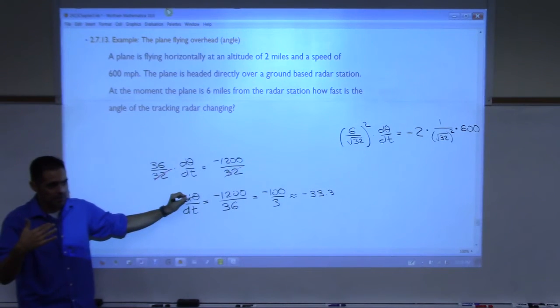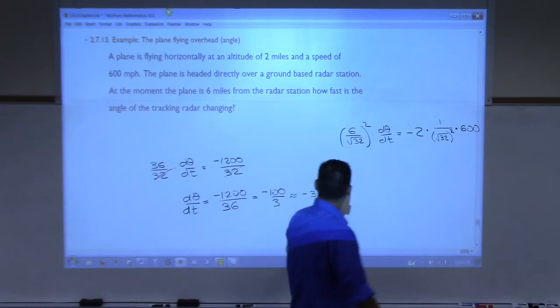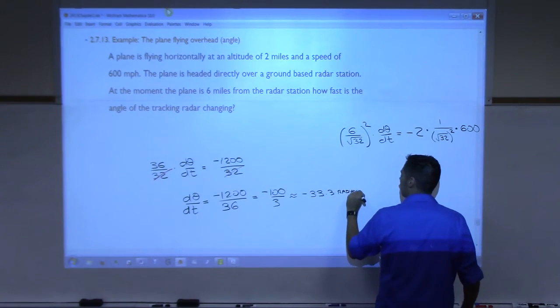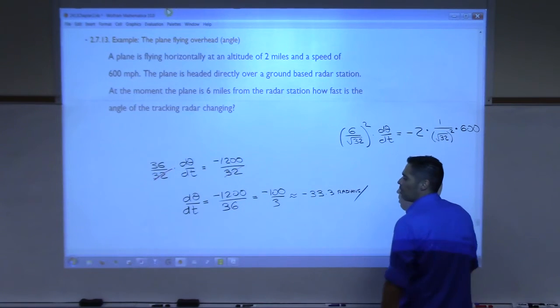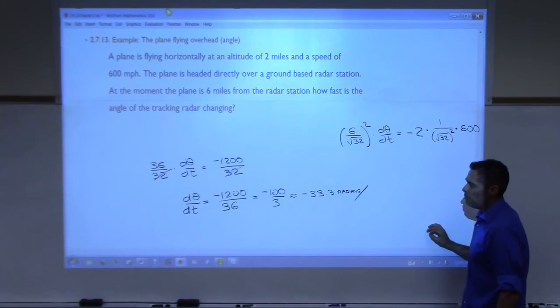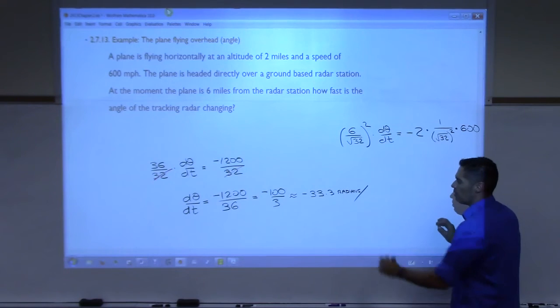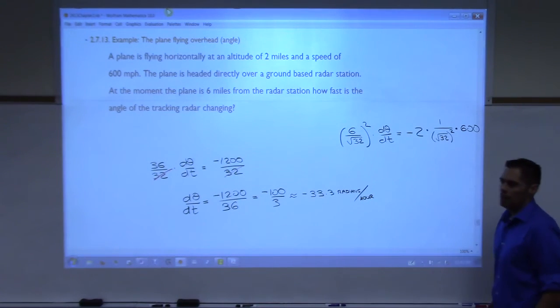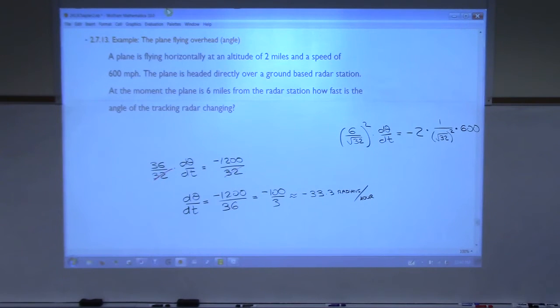It's always radians. Always. Radians doesn't have a unit, but I'm going to put it here, radians per time. What's the measurement of time? Hours. Negative 33 radians per hour.